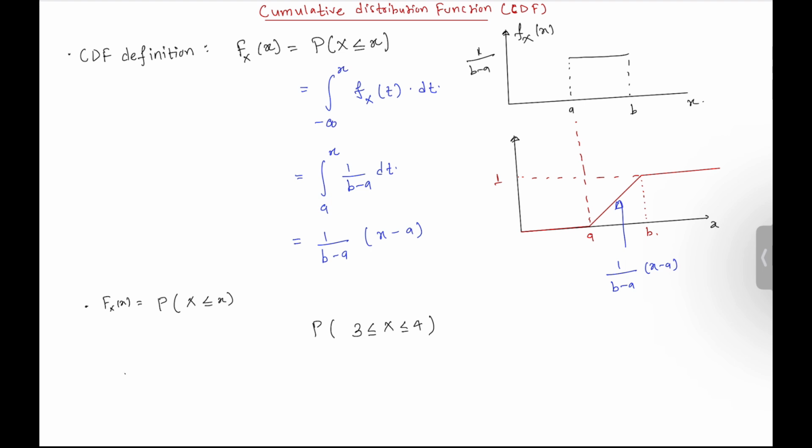So you can find this probability. Once you have this function, that means you know what will be the probability that random variable x is less than or equal to 3. That means you know this part. And you also know the probability that random variable x will take the value less than or equal to 4.